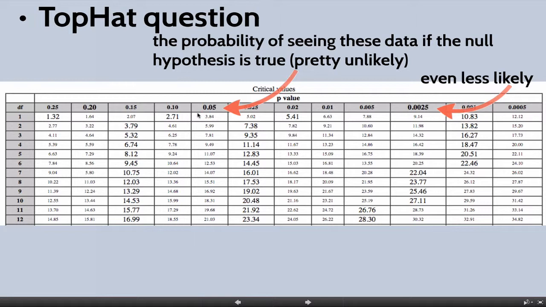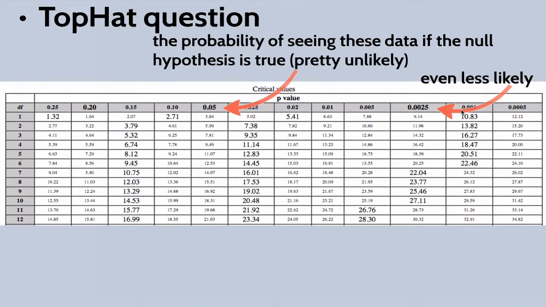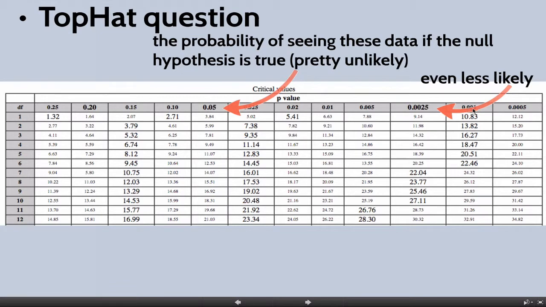And if we wanted to be very specific about it, let's say we had a chi-squared value of 10.83 and not a chi-squared value of 3.84, okay? That means that with a chi-squared value of 10.83, the probability of seeing those numbers of individuals in each of those genotypic classes when the population is in Hardy-Weinberg equilibrium is 0.001, right?